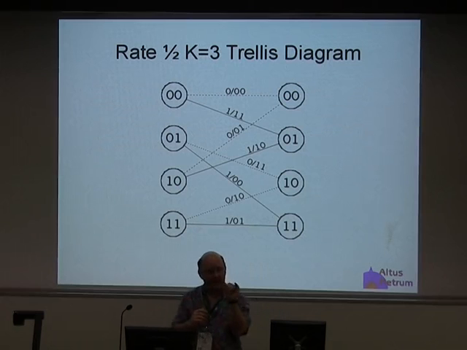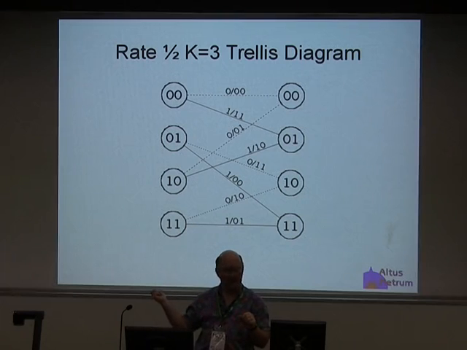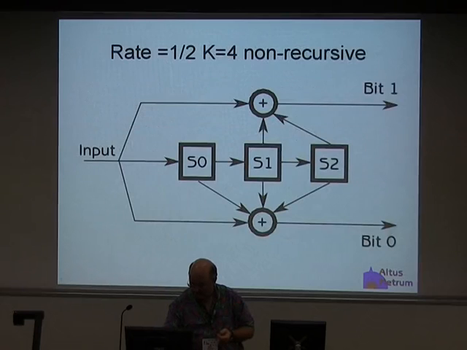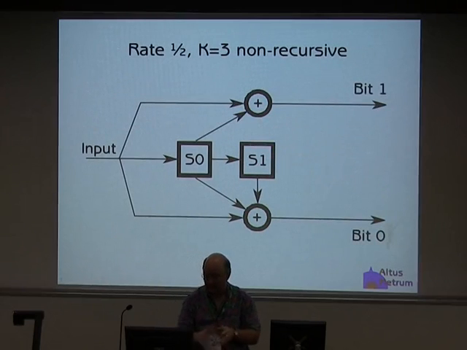If your previous state was 0, 0, so S0 and S1 both have zeros in them, and you get a new 0 bit, then your new state is going to be S0. In the convolution encoder, which you can see here, this is the one we're working with, if S0 and S1 were 0 and you put a new 0 bit in, what are bit 1 and bit 0 going to be coming out? They're both going to be 0, because I'm XORing a bunch of zeros together.